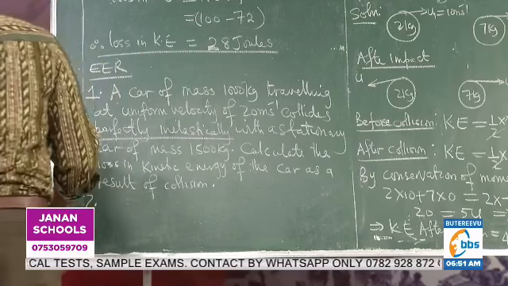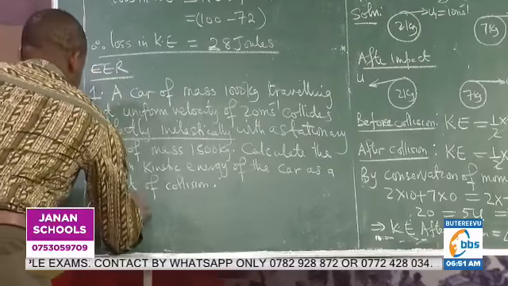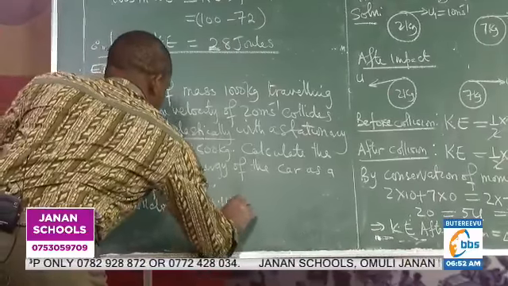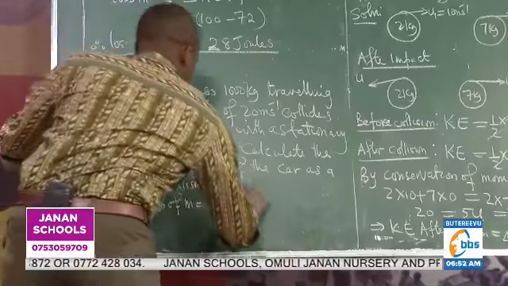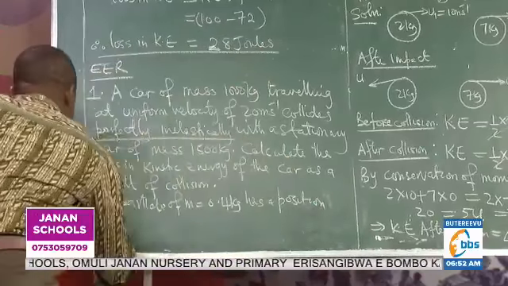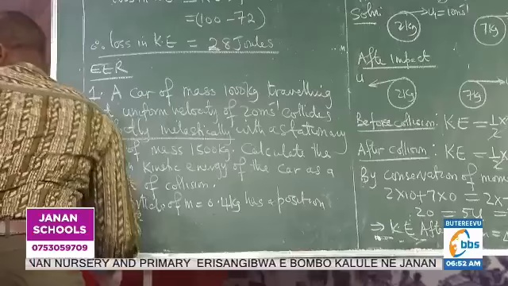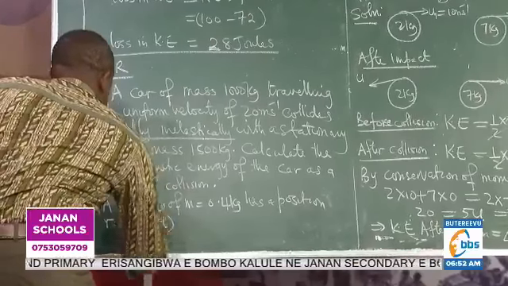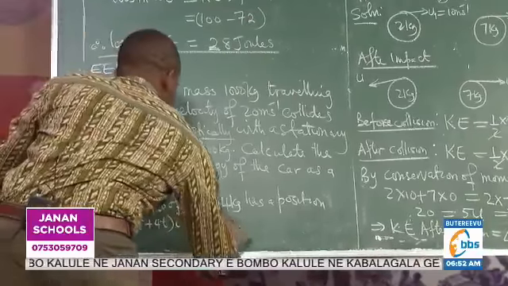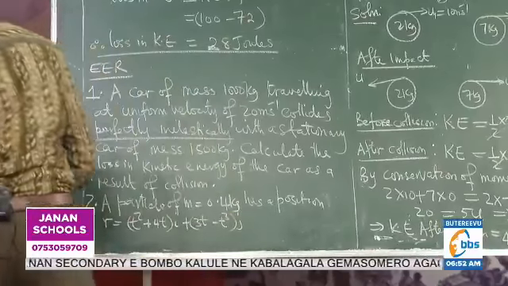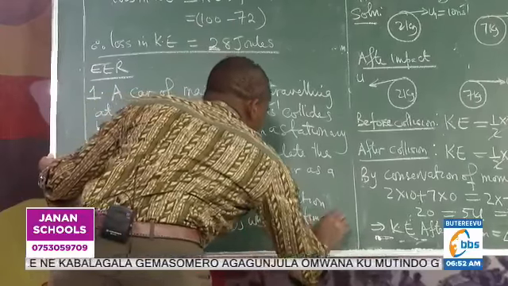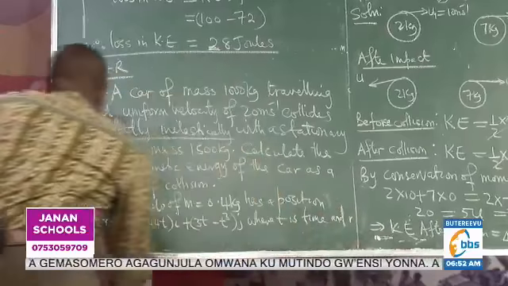We shall discuss this, but I can summarize it and say a particle of mass 0.4 kilograms has a position vector r equal to (t squared plus 4t) i plus (3t minus t cubed) j, where t is time and r is the position.